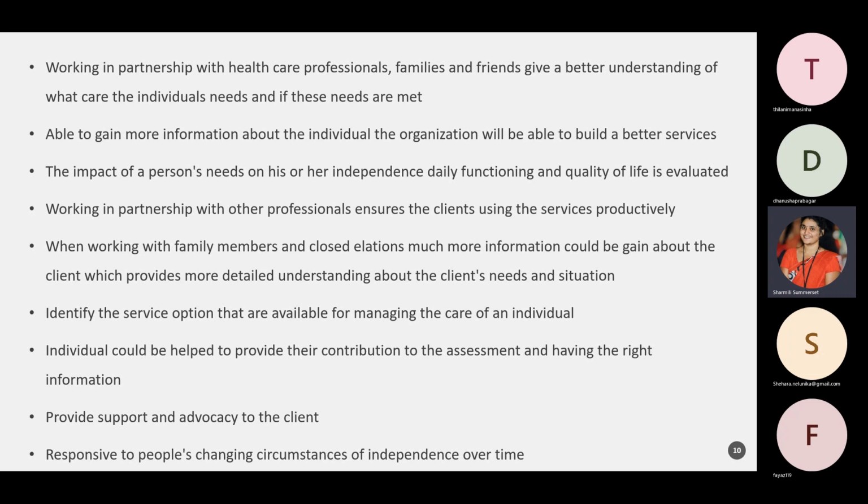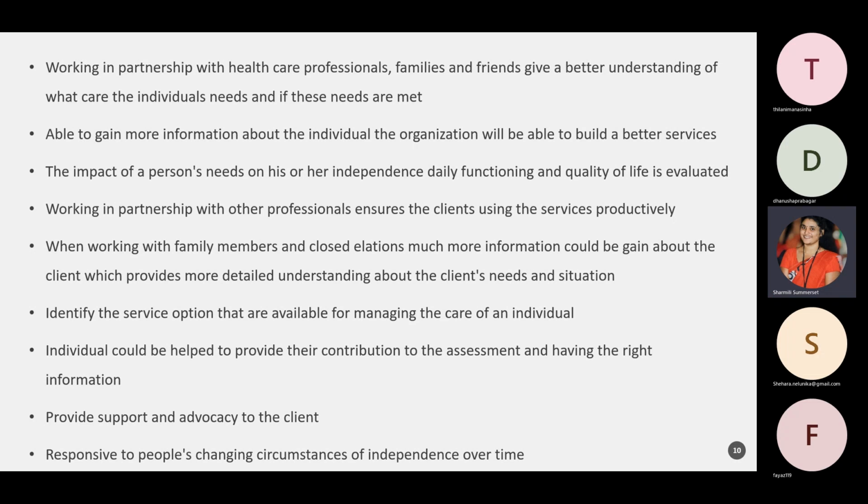And being able to gain more information about the individual, the organization will be able to build better services, and also it has the impact of the person's needs on his or her independence and daily functioning, and also we can evaluate the quality of life through the care that we are providing.